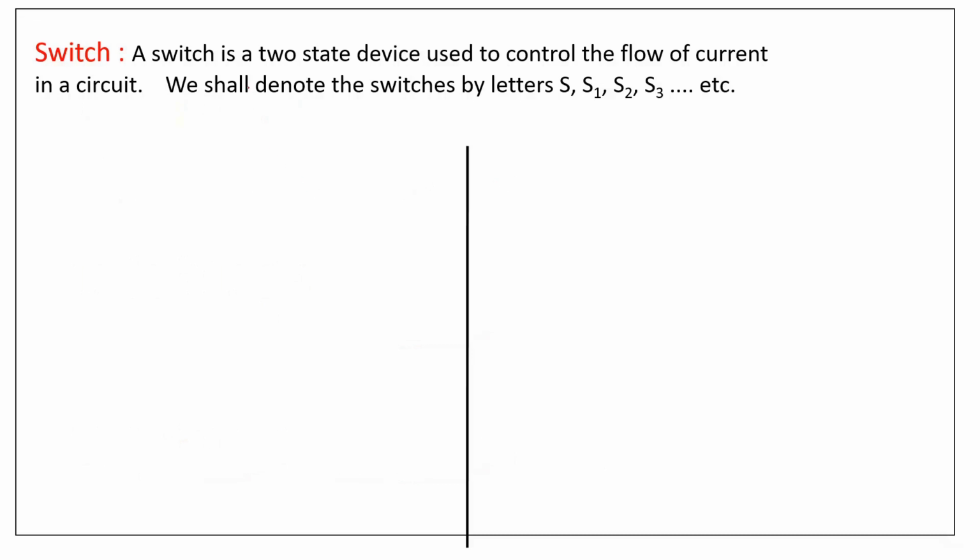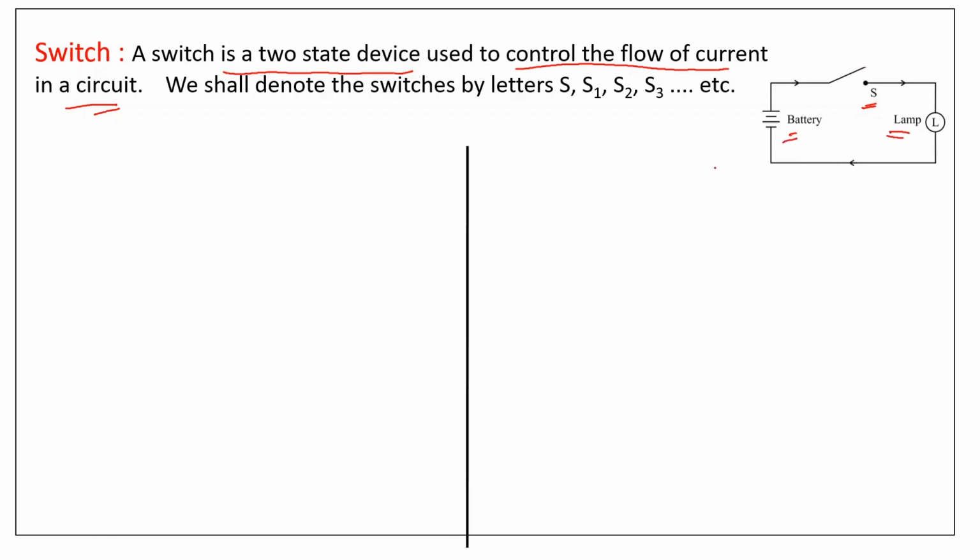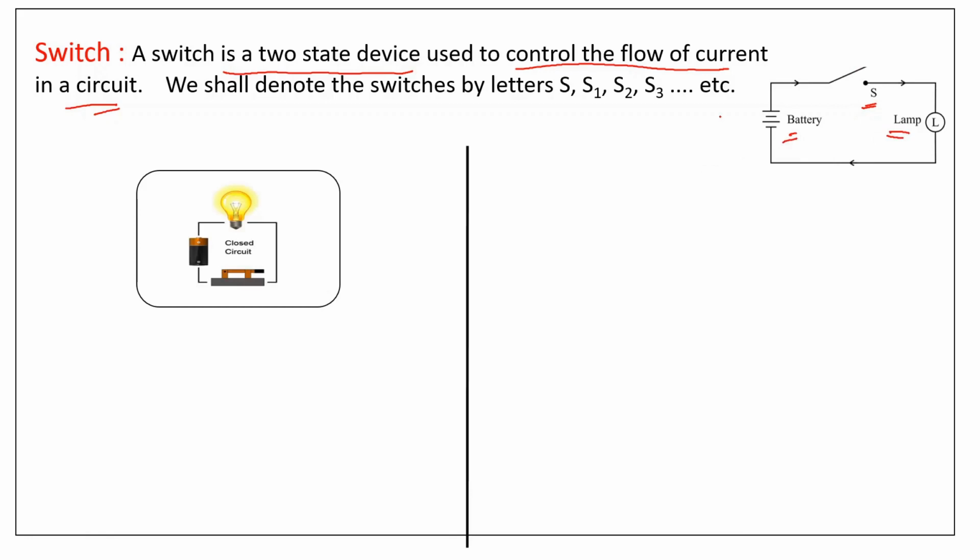A switch is a two-state device which is used to control the flow of current in a circuit. So this is the notation for a switch. S represents the switch, then the lamp, and this is the notation for the battery. When the switch is closed, meaning on, current will flow through the circuit and the lamp will glow.